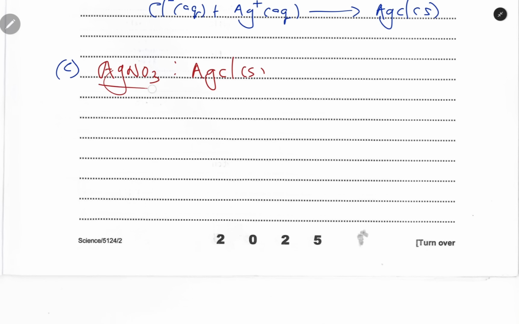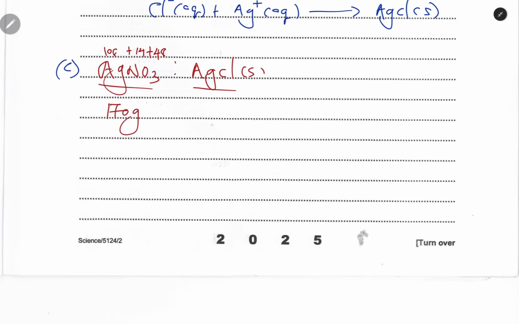We find the molar mass of this one and treat it as mass, and also that one as mass. So the molar mass of Ag nitrate: Ag is 108, plus nitrogen is 14, plus oxygen, there are 3 of them, 48. This is 108, please, not 180. This should give us 170.